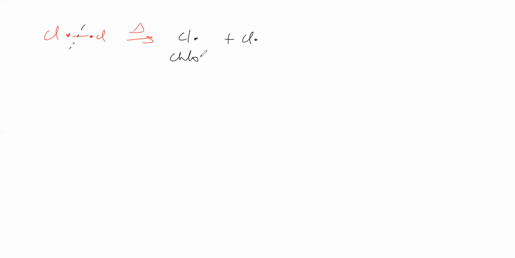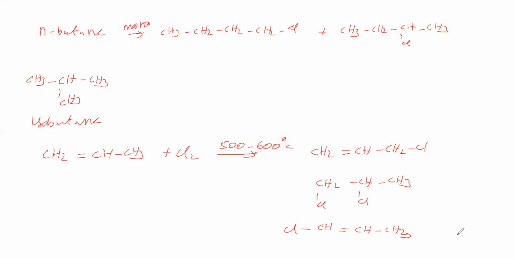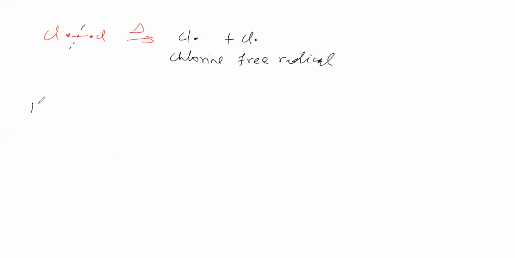So chlorine free radical is produced. This chlorine free radical is attacking. So now we will take CH2 double bond CH, CH3. CH3 will take here one electron, here one electron. Now Cl dot comes.